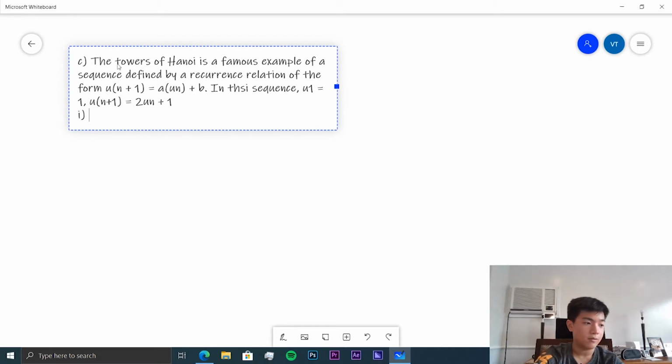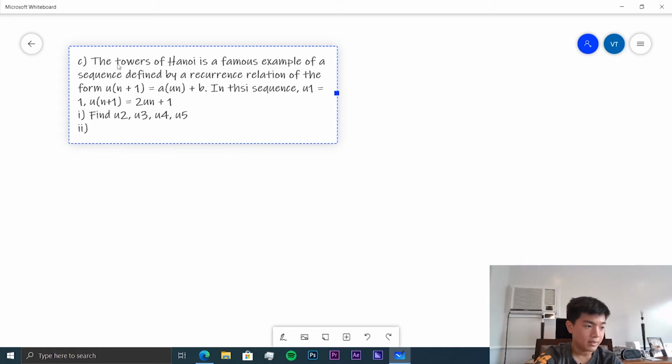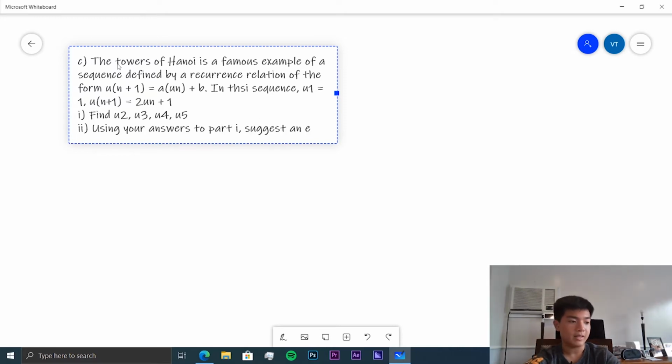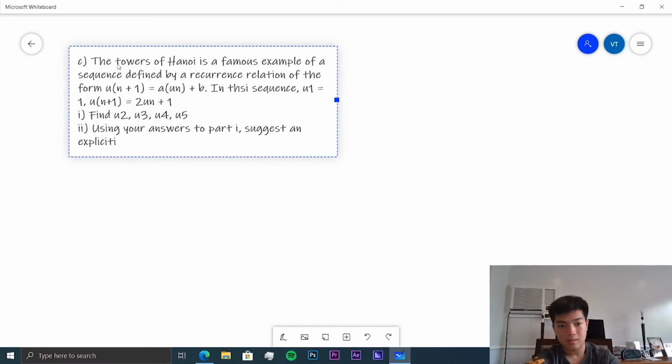So first, find the second term, the third term, the fourth term, and the fifth term. Next, using your answers to part I, suggest an explicit expression for un in terms of n.